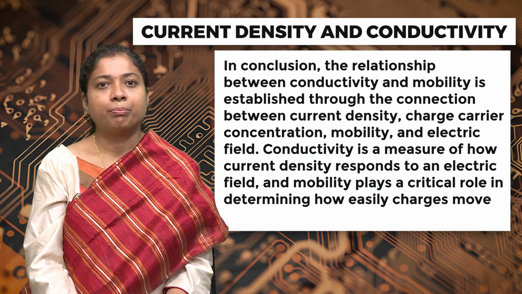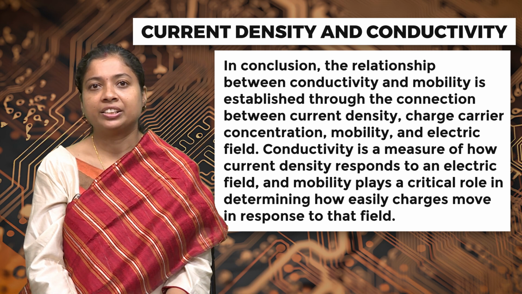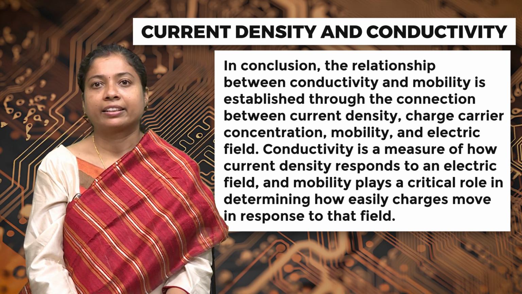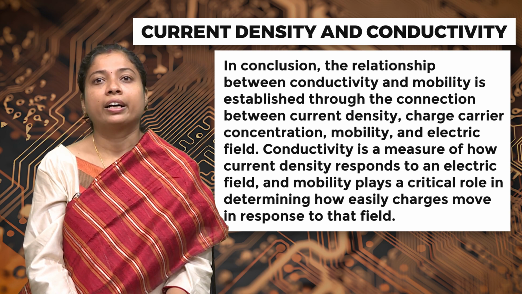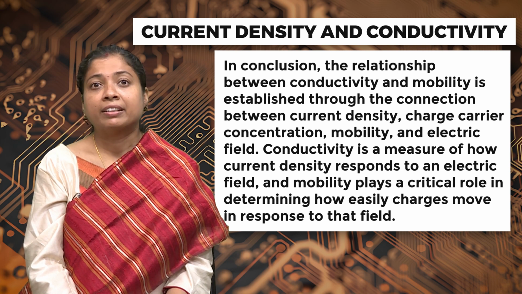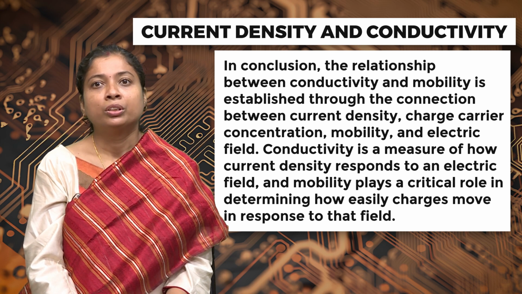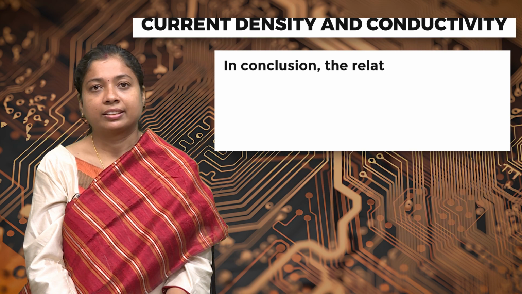The relationship between the conductivity and mobility is established through the connection between the current density, charge carrier concentration, mobility and electric field. Conductivity is a measure of how current density responds to an electric field, and mobility plays a very crucial role in determining how easily charges move in response to that field.